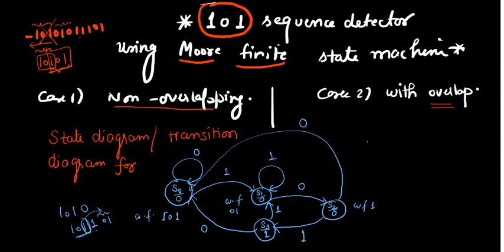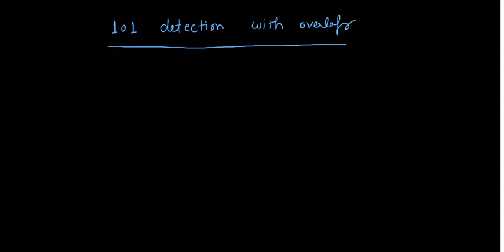Please try it. 101 detection with overlap. So let's try to make the state diagram for this.